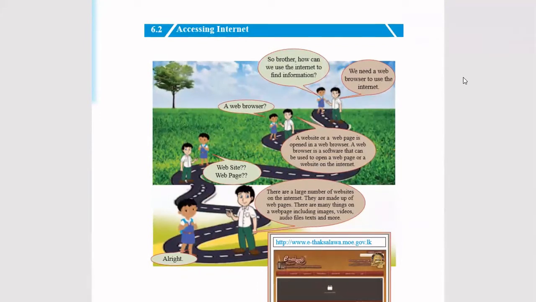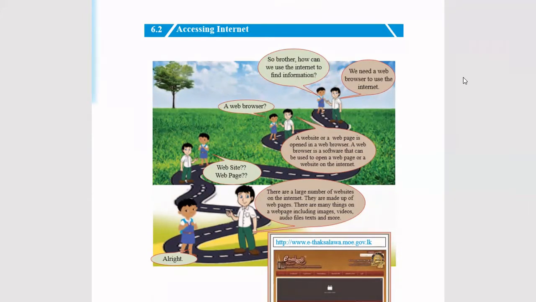To access the internet, you need to have a web browser. With a web browser, you can open websites and web pages. A web browser is basically software that we can use to open a web page or a website.